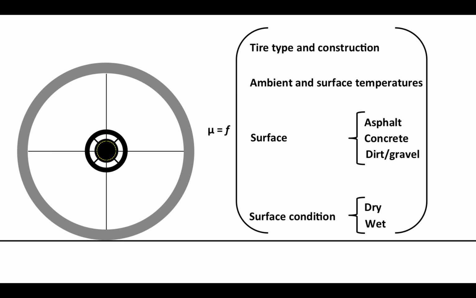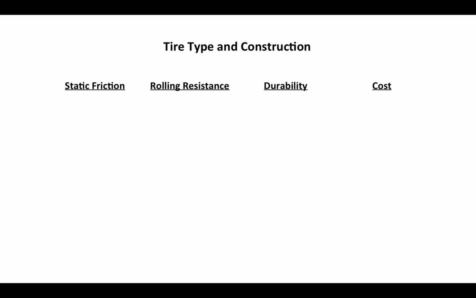Let's conclude this discussion by going back and taking another look at the tire type and construction that we just touched on before. We can look at static friction, rolling resistance, durability, and cost. But if you're rich, maybe you don't care about the cost. But we still want to achieve a balance between static friction, rolling resistance, and durability.